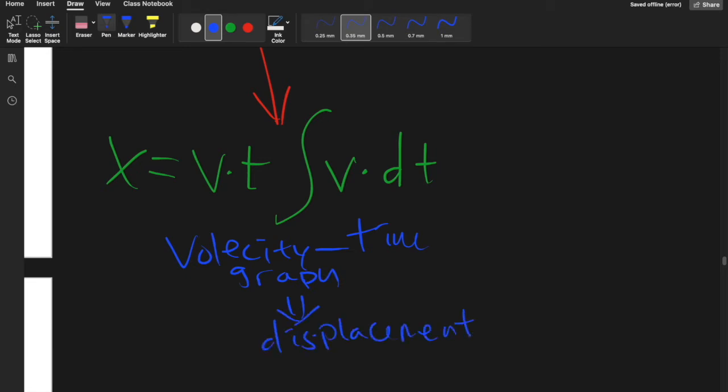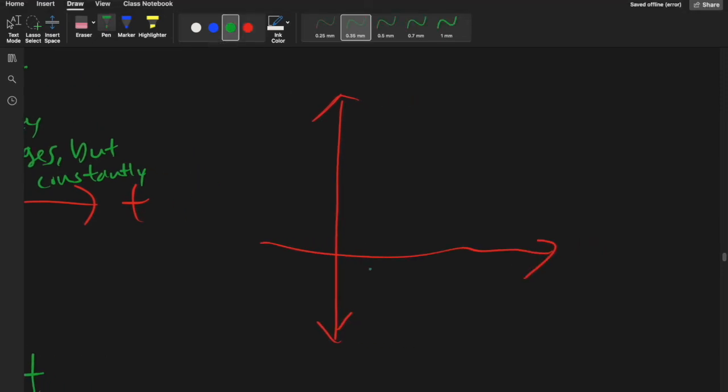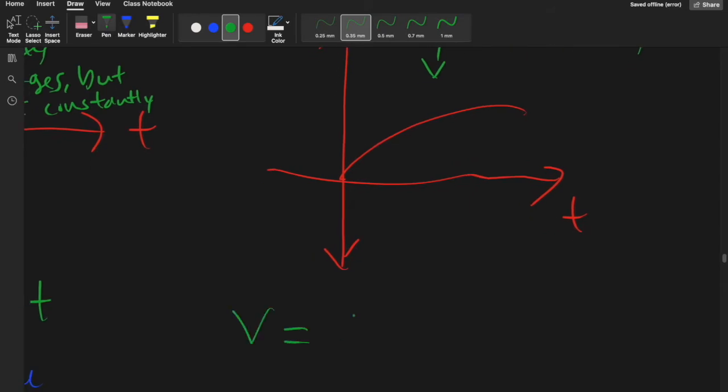And same thing with acceleration versus time. Acceleration versus time. So same thing, does not change constantly. But we know that velocity is equal to acceleration times time.